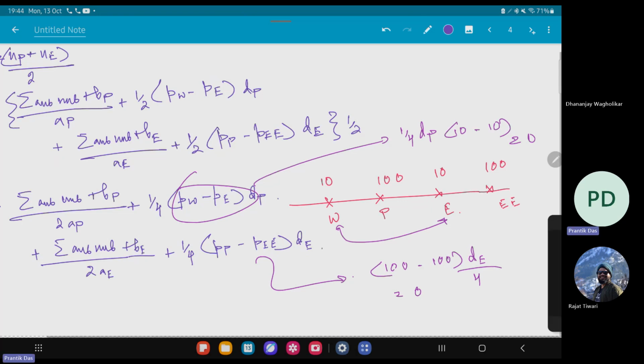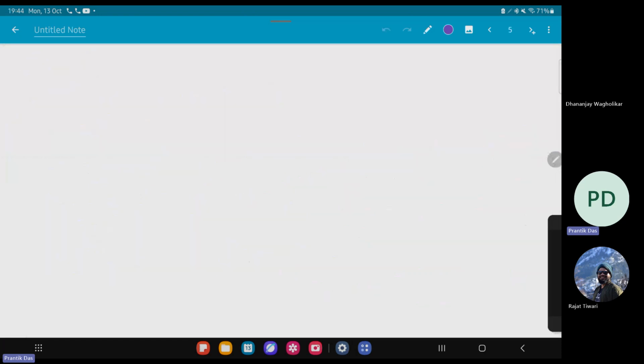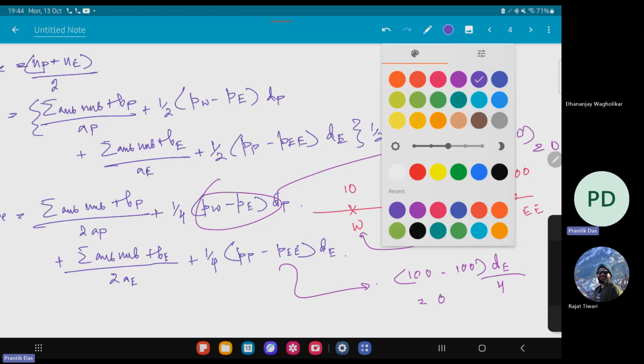So those things we are taking into account by using this Rhie and Chow interpolation. These are the terms which are insensitive, so we should mathematically get rid of it.